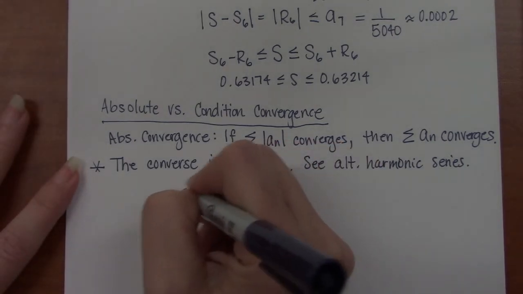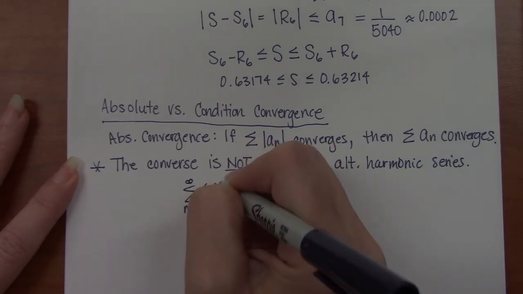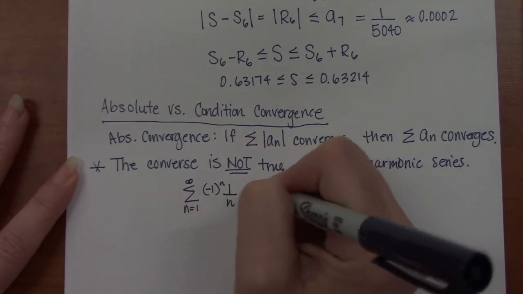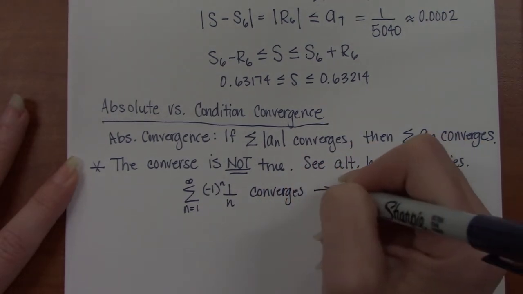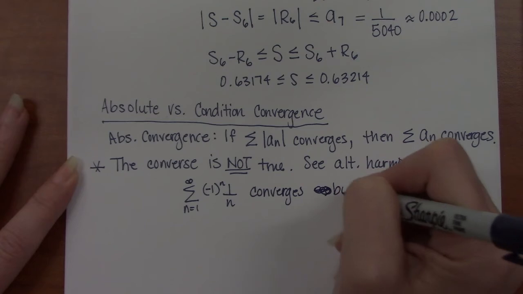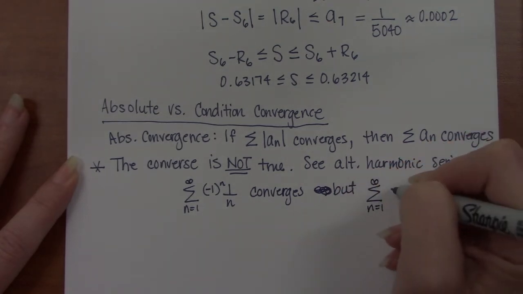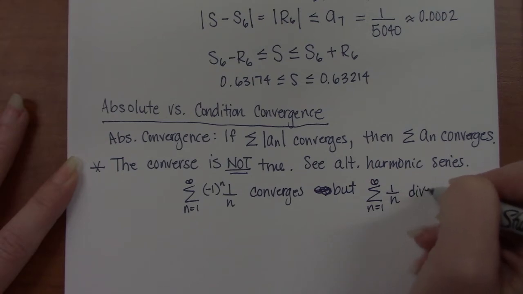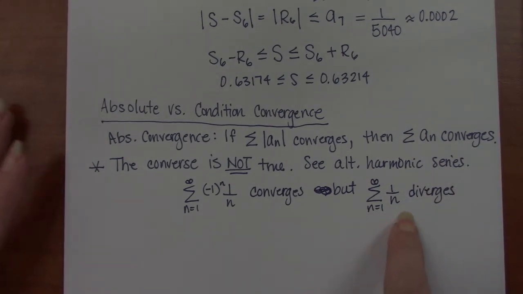So the example is, this guy converges, we just saw it. But this guy diverges, and we prove this by using the integral test.